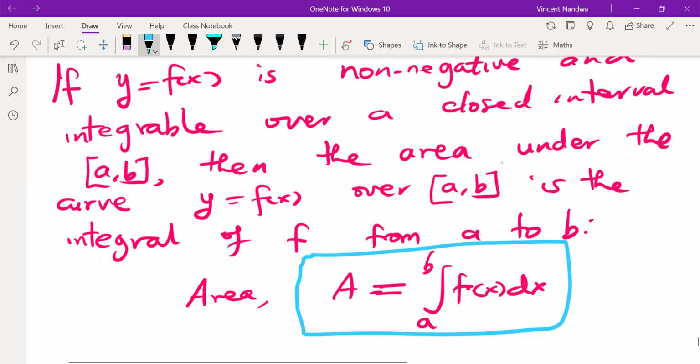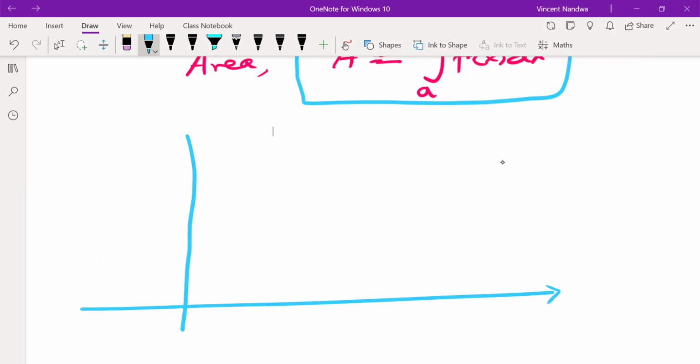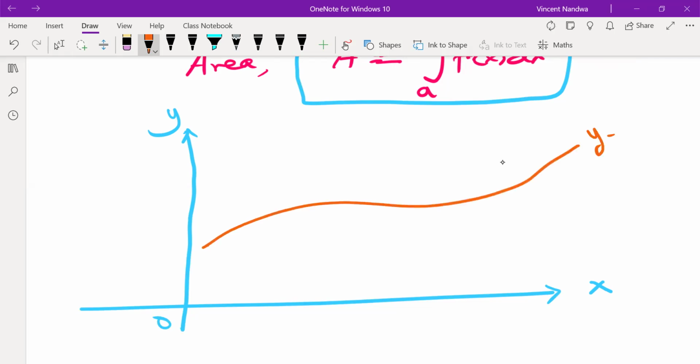So we can make a sketch of what we mean here. If this is the x-axis, this is the origin, this is the y-axis. So f of x is non-negative, which means that f of x is in this first quadrant. So y equals f of x.